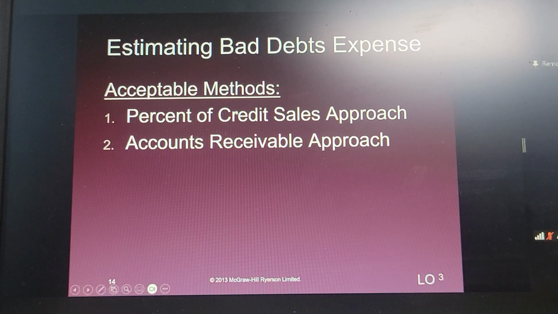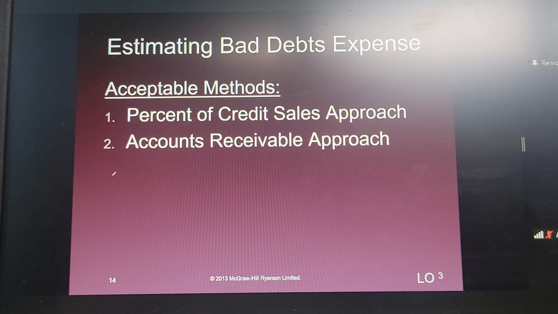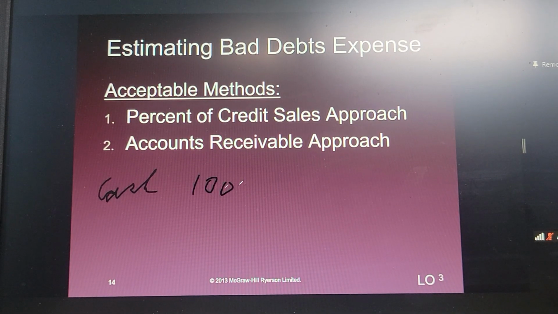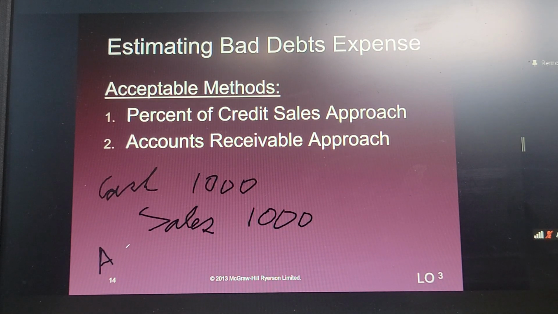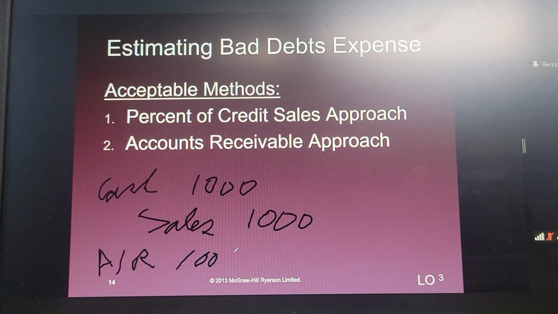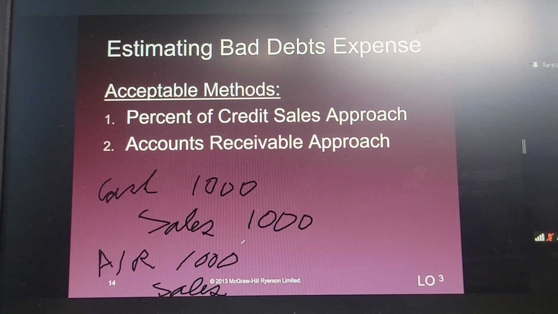Yeah. See, I just added the word in here. Meaning, I have sales, correct? So I received cash, 1,000. Sales, 1,000. Okay? I have accounts receivable, 1,000, and sales, let's say 10,000.